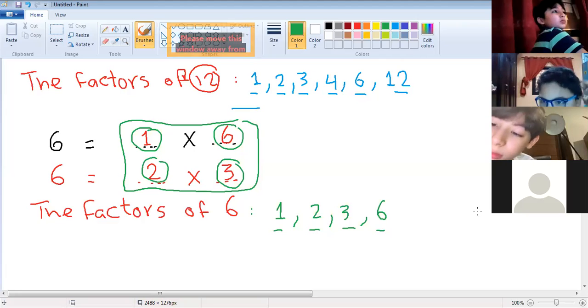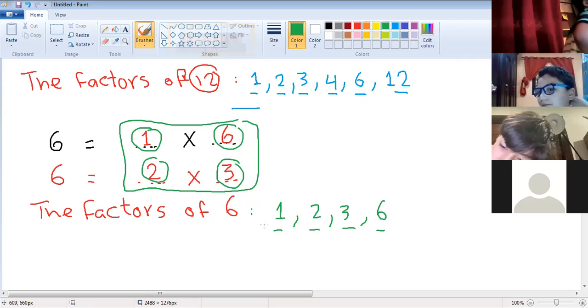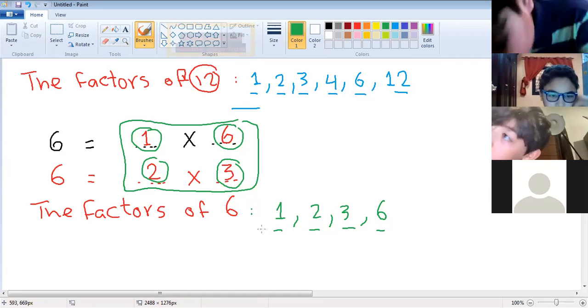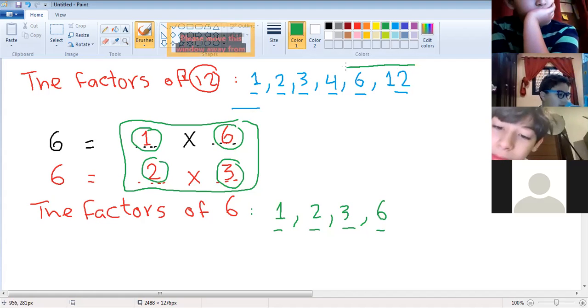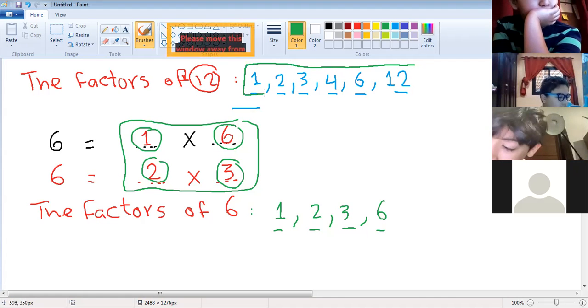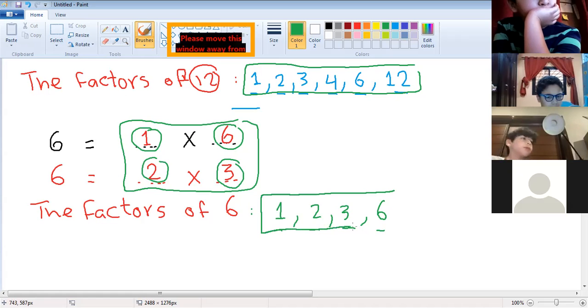Ahmed Walid. Yes. Ahmed, what are the common factors between 12 and 6? The factors of 12 are 1, 2, 3, 4, 6, and 12. The factors of 6 are 1, 2, 3, 6. What are the common factors?